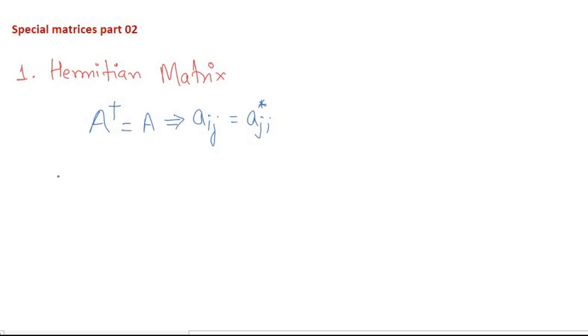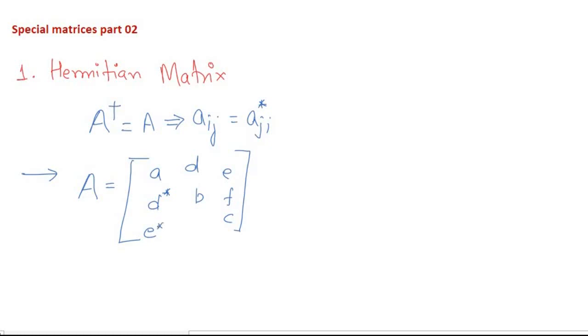Okay, so let me show a property of the Hermitian matrix. First let us construct the matrix, then we will see the properties of that matrix. So I am writing a matrix A, and let me write its diagonal elements as A, B, C. This is D, E, F, which we have written in the symmetric matrix also, but here, where in the symmetric matrix it was D, here it is D and its complex conjugate.